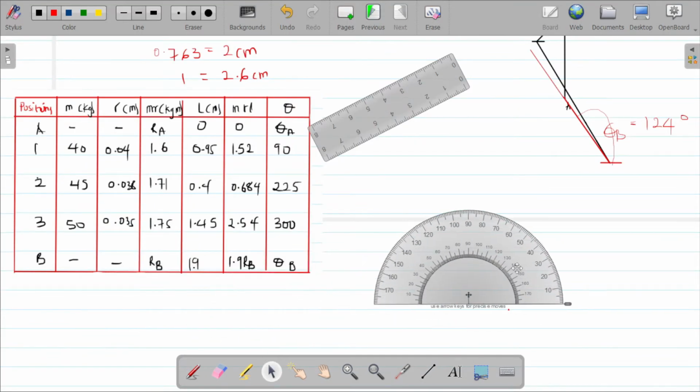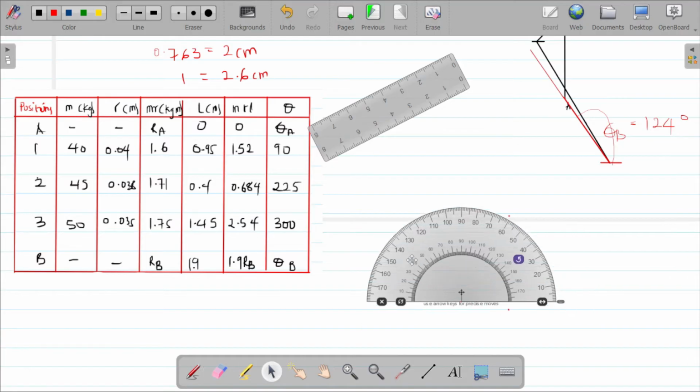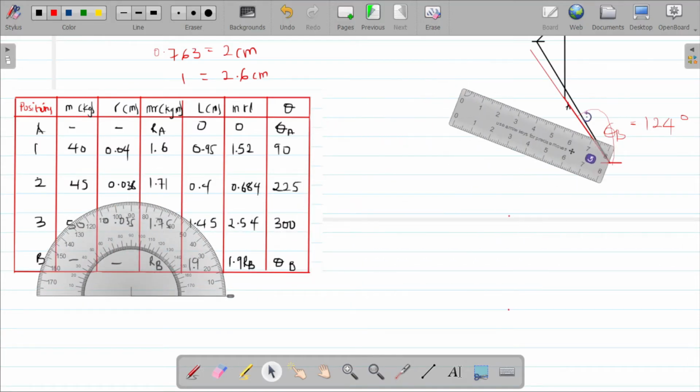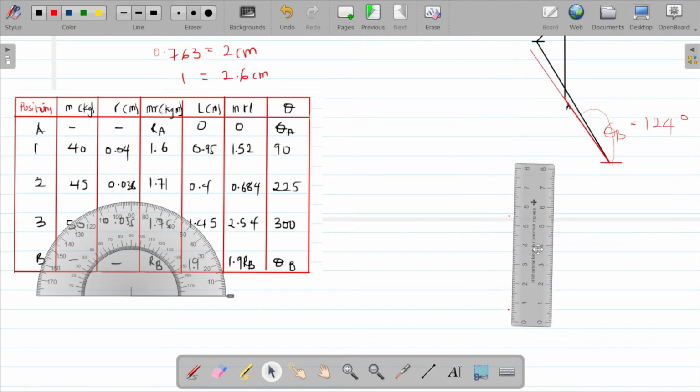So 90 degrees should be here. All right, so what's the magnitude? The magnitude is 4.6, right? 4.6.